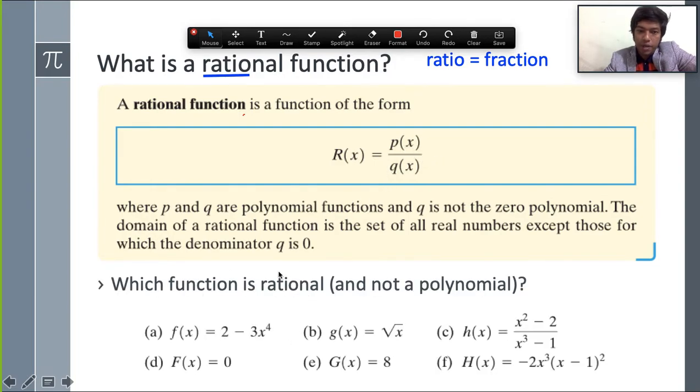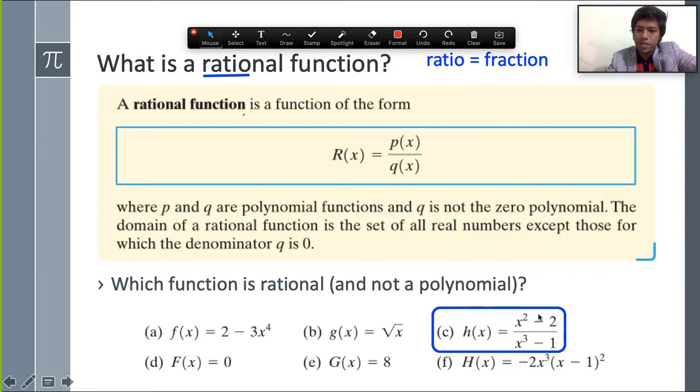And so from here, which one is a rational function and not a polynomial? Pause the video and see which one that is. Number C, right?